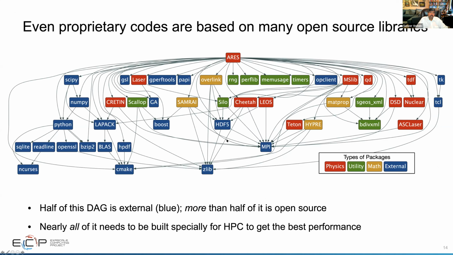Now, this is even true for proprietary codes that are based on many open source libraries. So you'll see that even packages like Ares are now depending on so many other blue colored open source libraries. In this, half of this DAG is external, and more than half of it is open source.